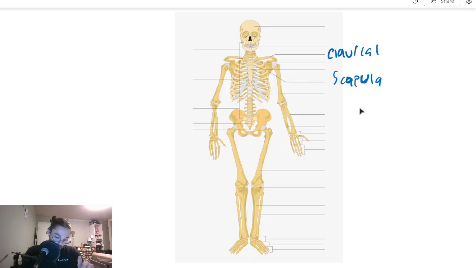Okay. We talked about our sternum, which is broken up into two parts here. So this is the manubrium at the top, and then you've got the body of your sternum. So I'll just say sternal body, if you can even read that. Sorry. So go ahead and erase some of this stuff here.